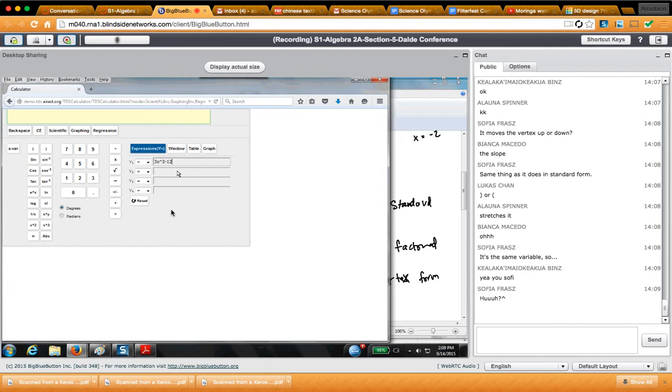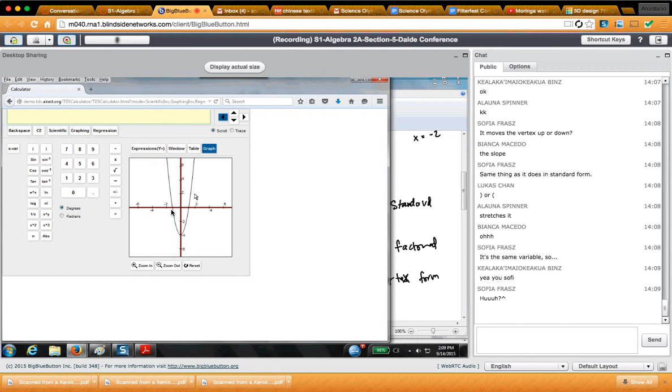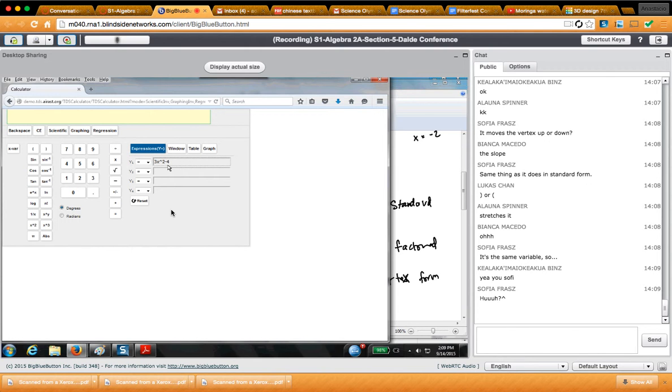Let's look at this. I want to graph a nice, easy parabola. All right, there's our nice, easy parabola, right? And we know what the 3 does, we know what the -4 does. But what if instead of an x, I replace it with an x minus 2?